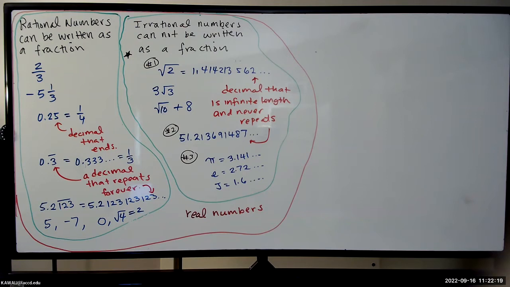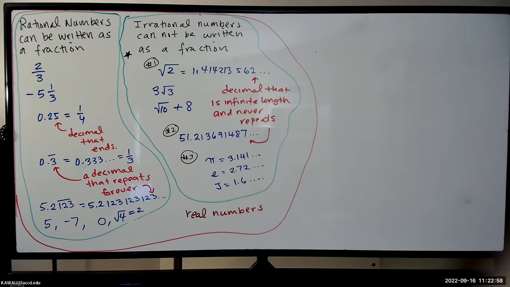They like to ask it in different ways, like what number is this closest to? And they'll give you a bunch of options. Or they'll say, which number is bigger? Or they'll give you a square root, a decimal, and a fraction, and I want you to order these from smallest to biggest. So this is a good worksheet because this is something that pops up. I'd be surprised if you didn't get one of these questions.